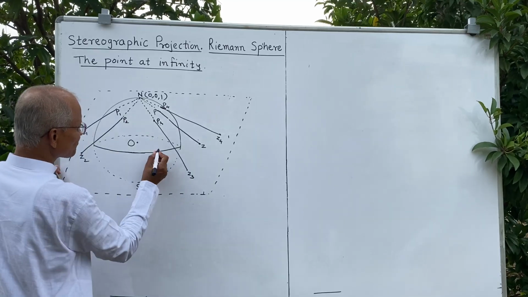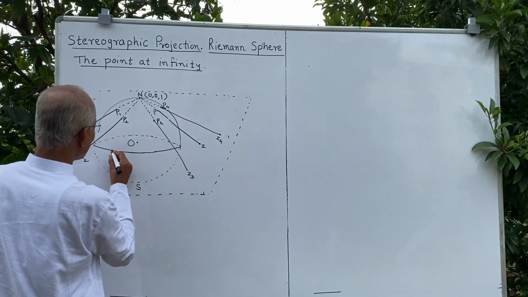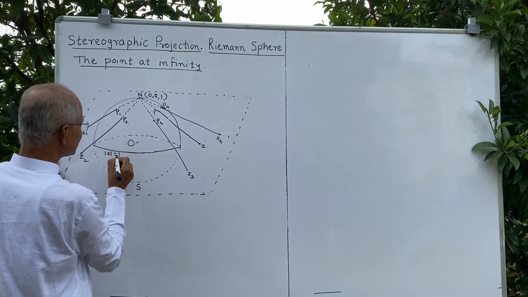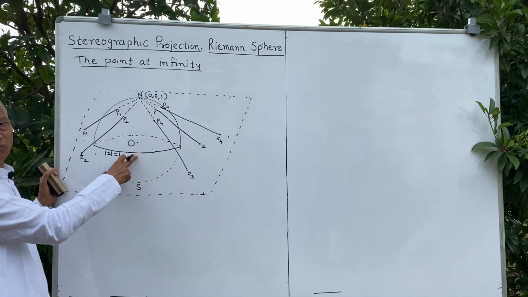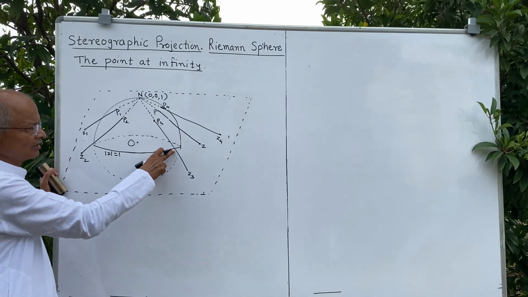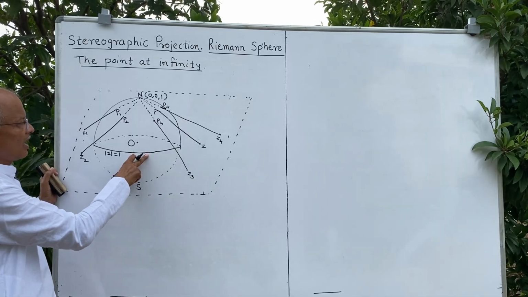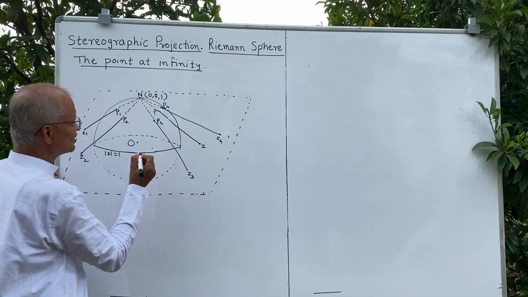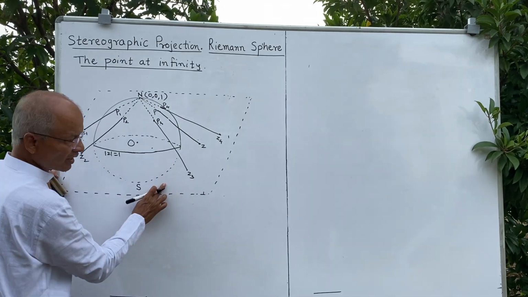Now, what happens if the equation of this equator is |z| = 1? All the points on the equator are mapped to themselves; the points of the sphere and the points on this equator are mapped onto each other. But what about the points inside this? The points inside will be mapped to the southern hemisphere.